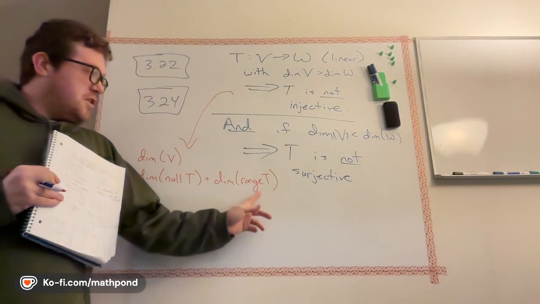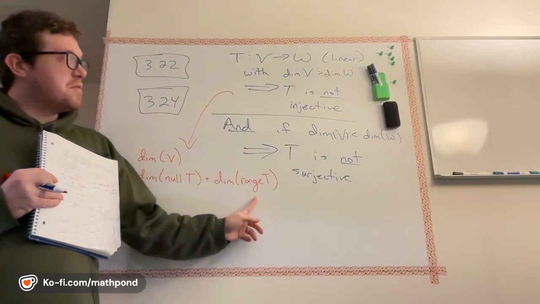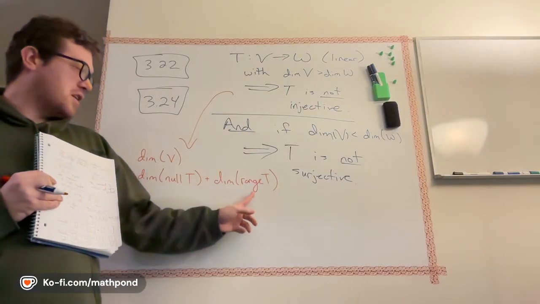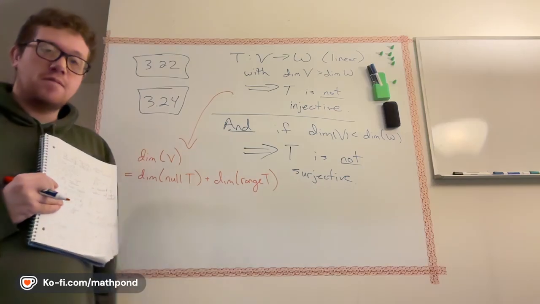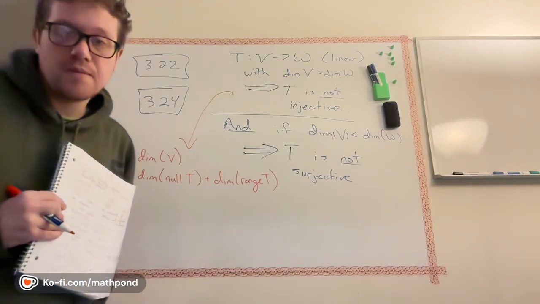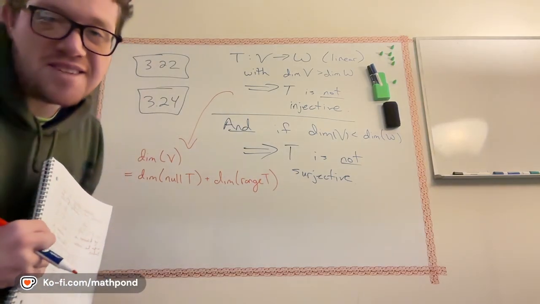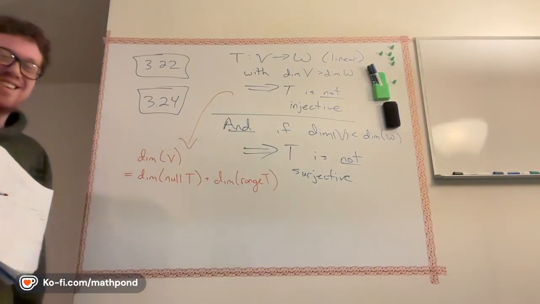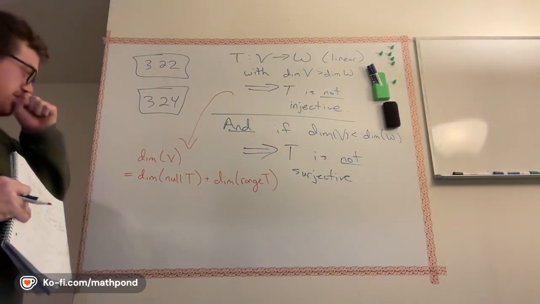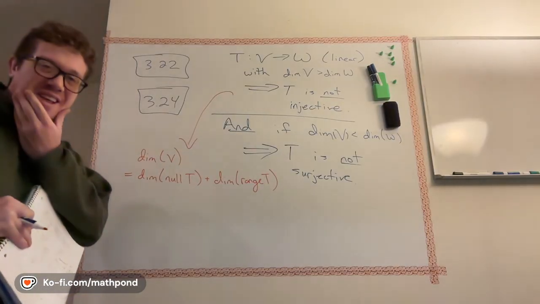But this range is a subspace of W, so in particular, it must have smaller dimension. Wait, so I lost my thought here for a second.